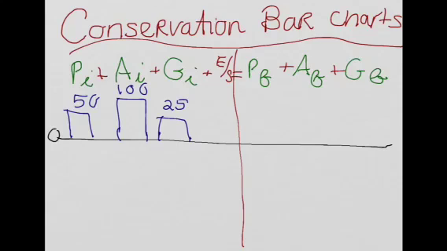How would this money bar chart look? Well, if I use $25 that was on the gift card, then in the final state, the gift card has 0. So you just draw in a 0 here. If in the end you have spent $25 out of your pocket, that means that there's 25 still in your pocket.